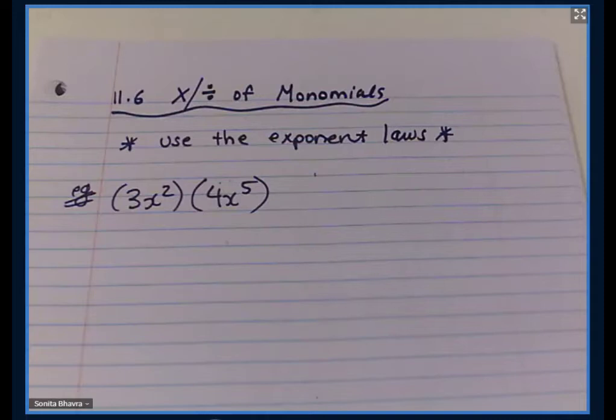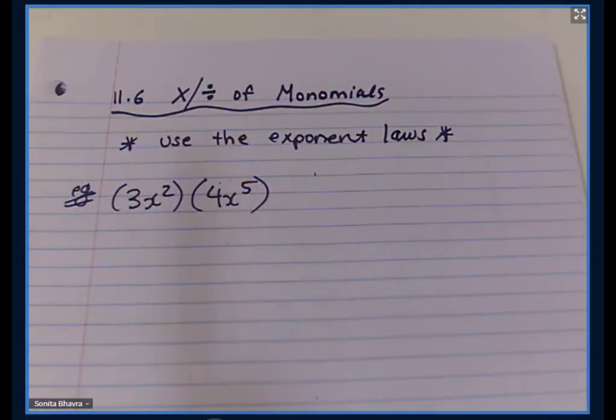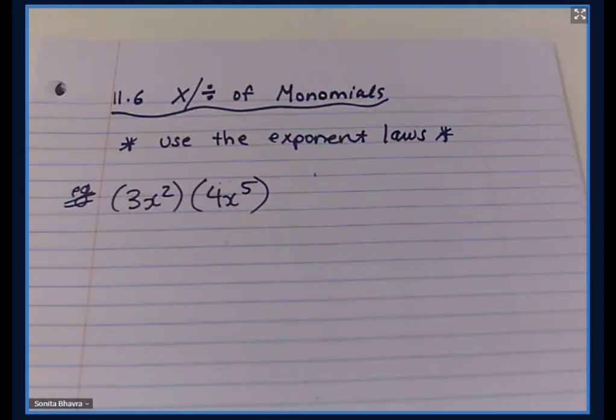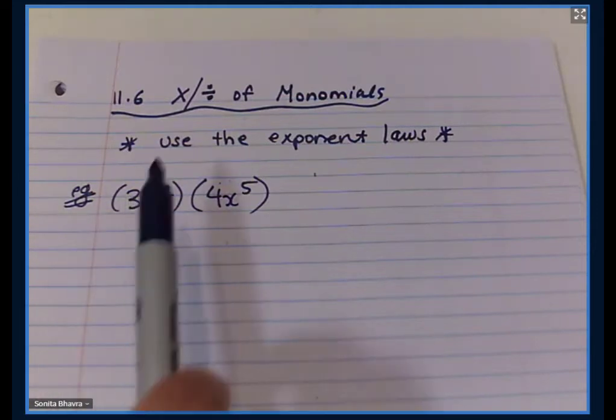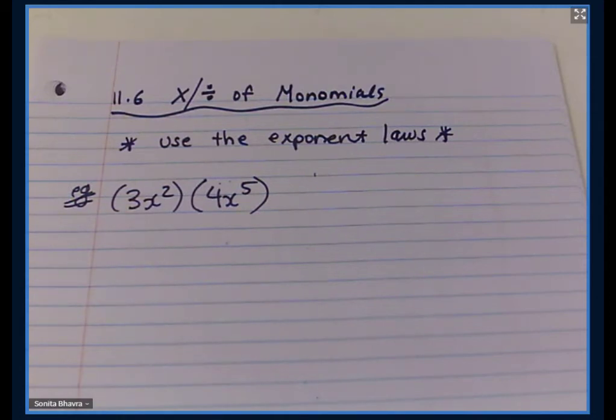So here we have an example. We have 3x squared being multiplied by 4x to the power of 5. So what we're going to do is, first we're going to multiply our numerical coefficients, which are the numbers. So we would multiply 3 and 4, and then we would use our exponent laws. If we have the same base, so we have a base of x and a base of x, and they're being multiplied together, then we add our exponents.